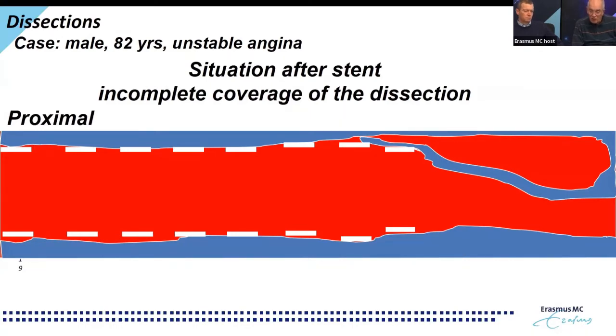So the opening is gone. But then it presses the hematoma towards the space of least resistance, and that is distal. And if it can't go further, then it will start compromising the lumen, and then you get a new stenosis in there, what you want to treat.